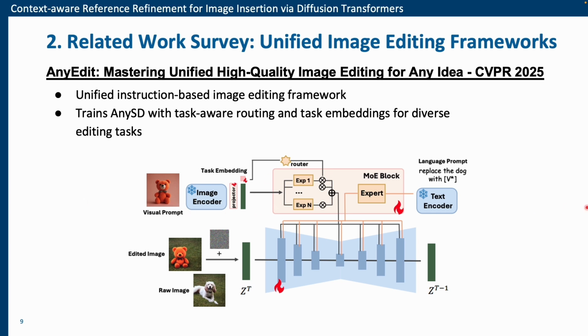In addition, AnyEdit introduces an adaptive data collection pipeline and quality filtering strategy to ensure that the editing pairs are both semantically correct and visually realistic. Beyond this dataset, the author further developed a task-aware diffusion model that can handle different editing tasks within one unified framework.